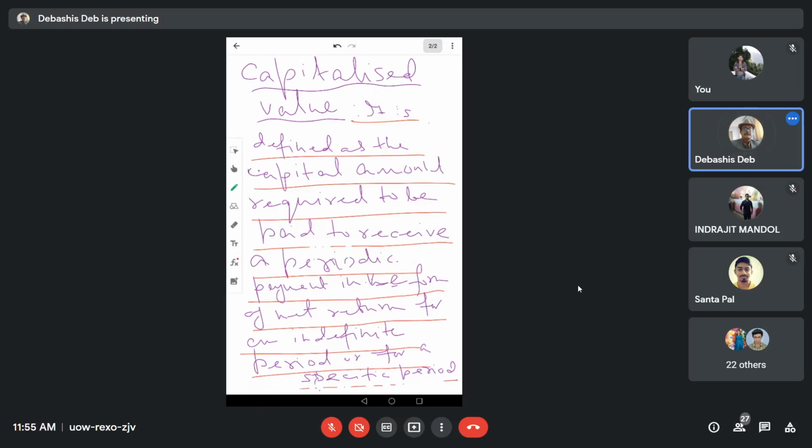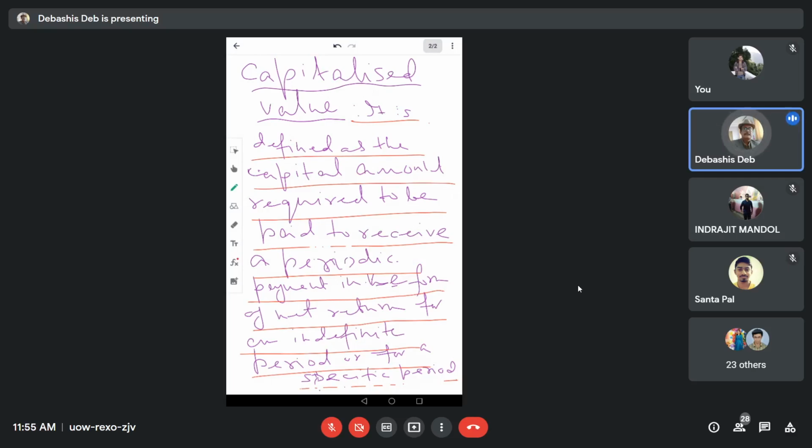For example, say I invest 50 lakhs for purchasing some land on the outskirts of Kolkata, and after purchasing, I can make a lease agreement with somebody else who will use that land for his business purpose.